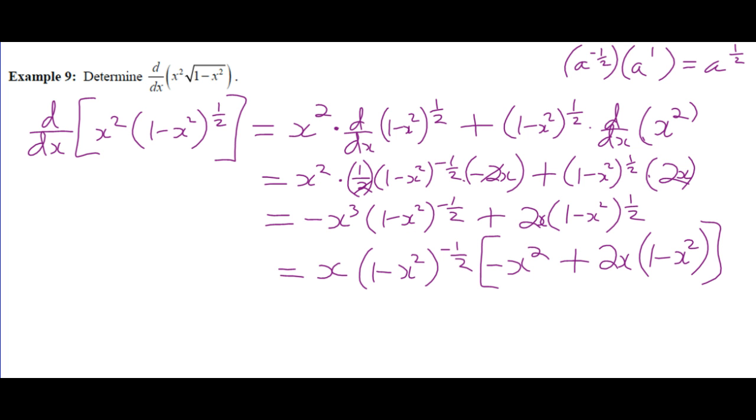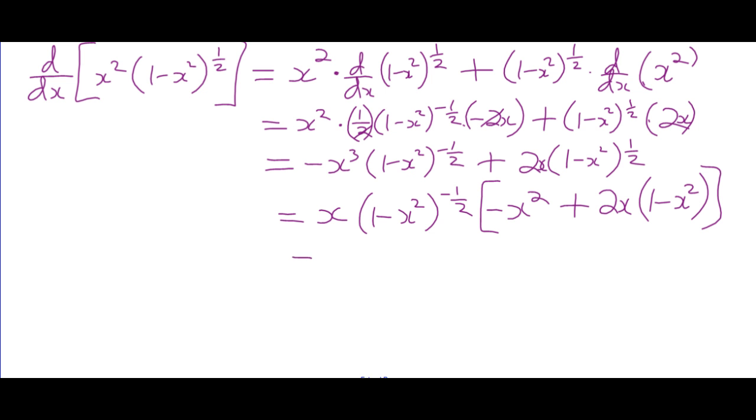Okay, so remember, what are we doing? We're factoring out, so I've got a common expression, right? 1 minus x squared to some power. What do I factor out? The lower power. What's the lower power? The negative 1/2. Okay, so x, 1 minus x, well, okay, at this point, let's do this. X over the square root of 1 minus x squared, right?